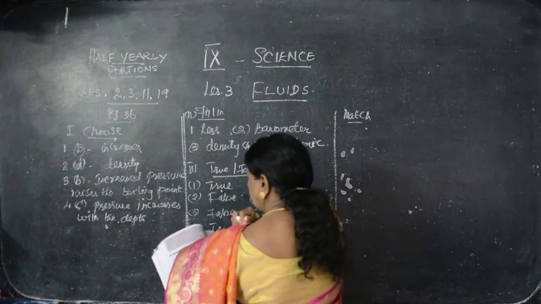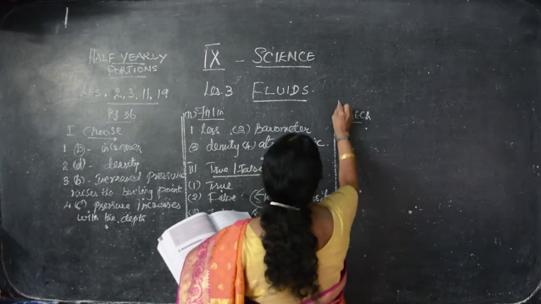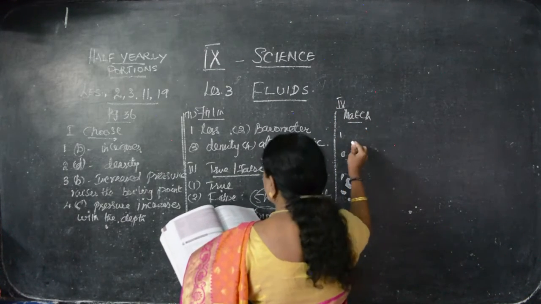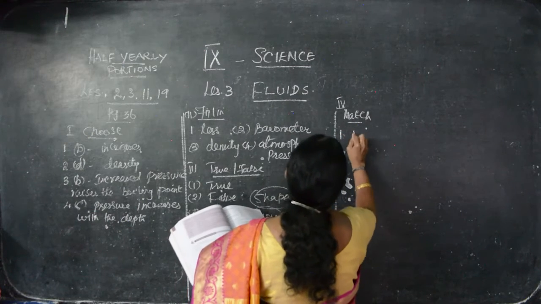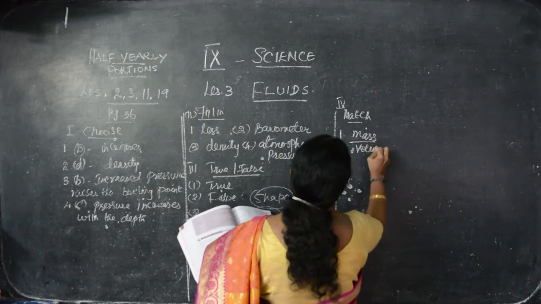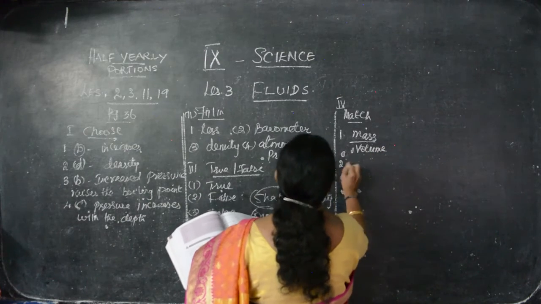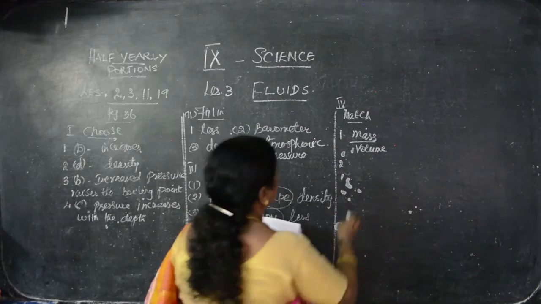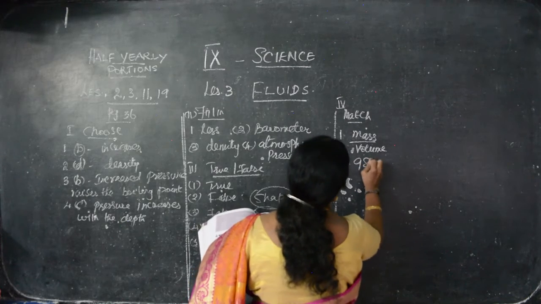That is Roman number 4. First one is density; I am writing only the B side: mass by volume. Second one, 1 gram weight is equal to 980 dyne.